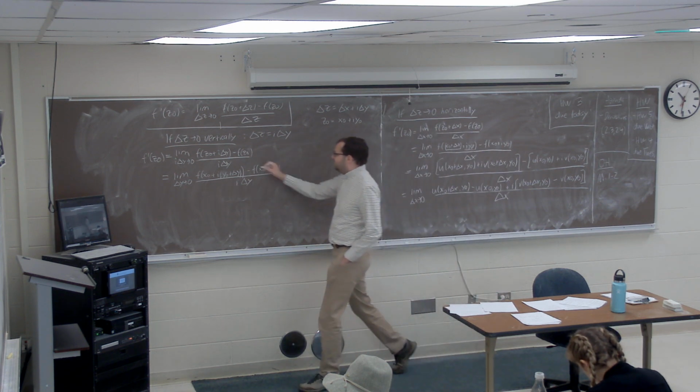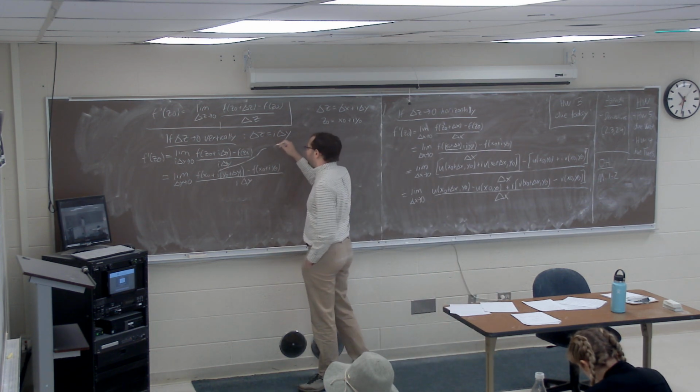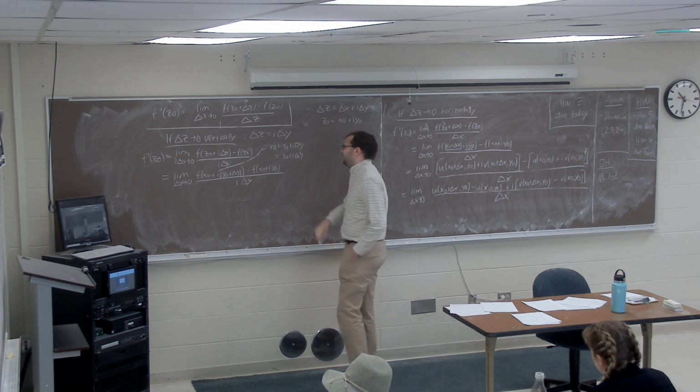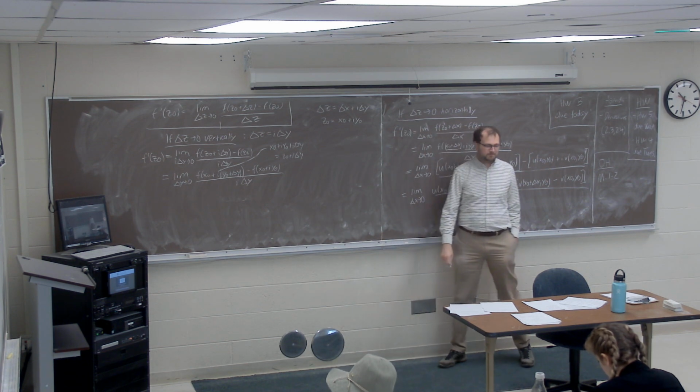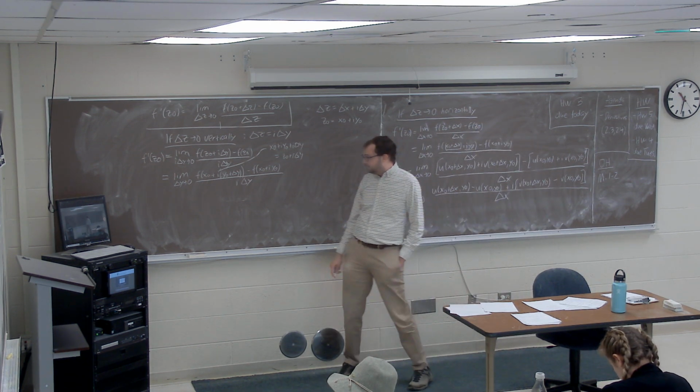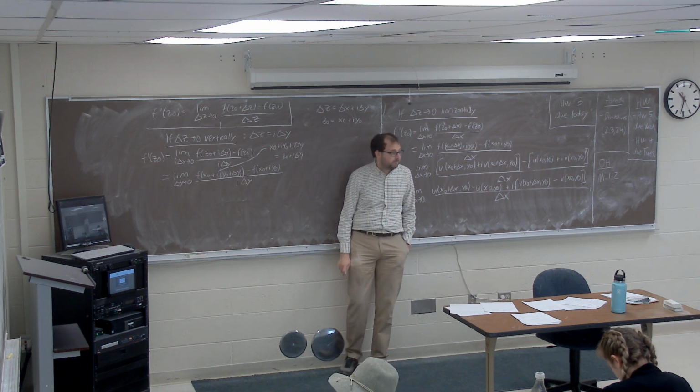And what I did here is if you were to take this expression and multiply it all out, you'll get x naught plus i y naught plus i delta y, which is the same thing as z naught plus i delta y. So far, so good?